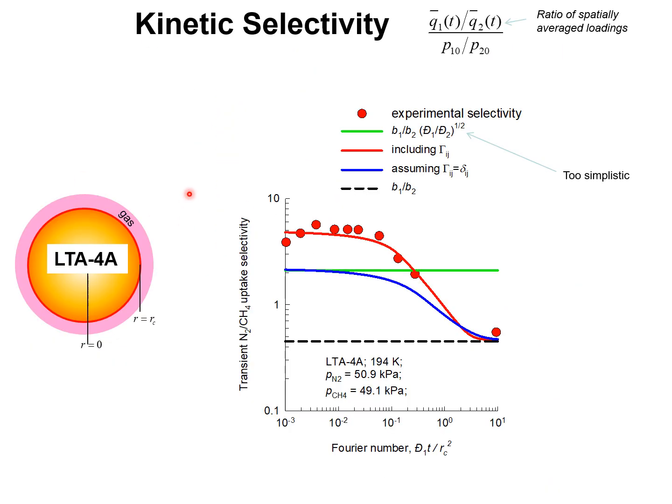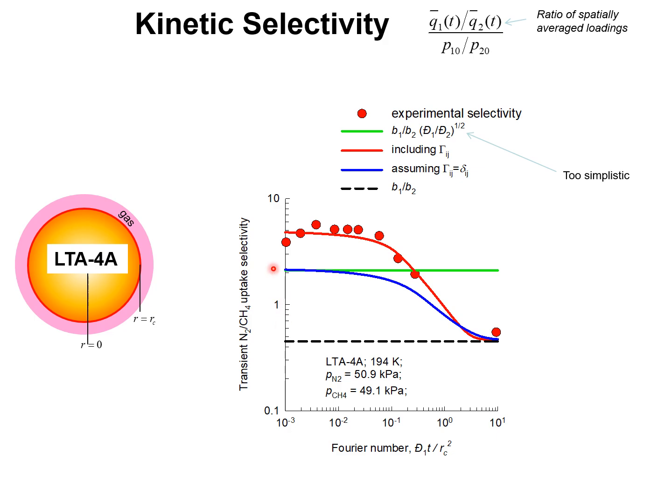Let us examine the concept of the kinetic selectivity for binary mixtures. The kinetic selectivity is defined as the ratio of the spatially averaged component loadings for 1 and 2 divided by the corresponding ratio of the partial pressures in the bulk gas phase surrounding the particle.